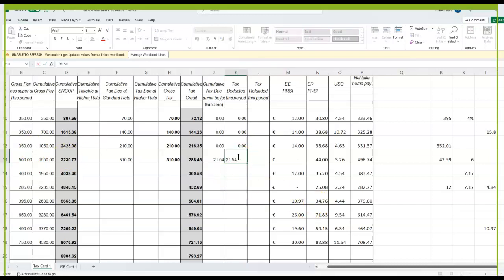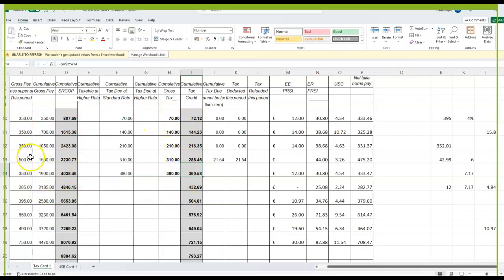If I went back to earning 350 the next week, what would happen? So 1900 is the amount that is due at 20%. Okay, 1900 multiplied by 20%. 380, so my total income tax is 380. But this time, you see, it's still greater, and I will have to reduce it. So even though up here for the first 3, because I was at the start of the year, I was able to accumulate them up.